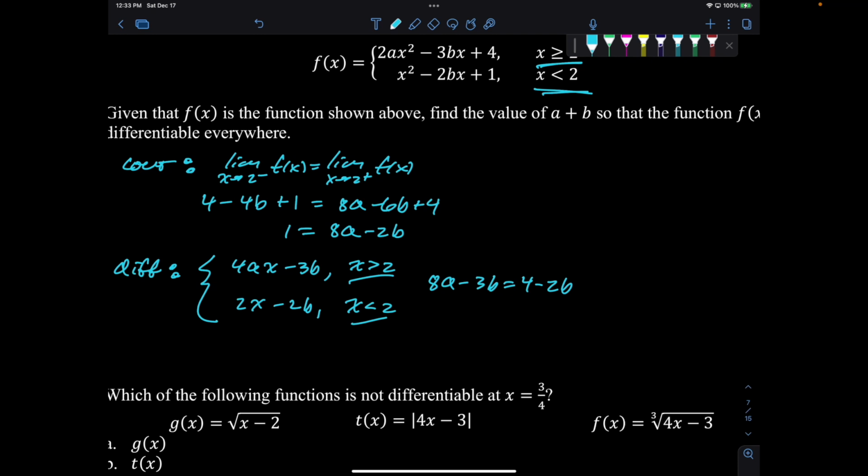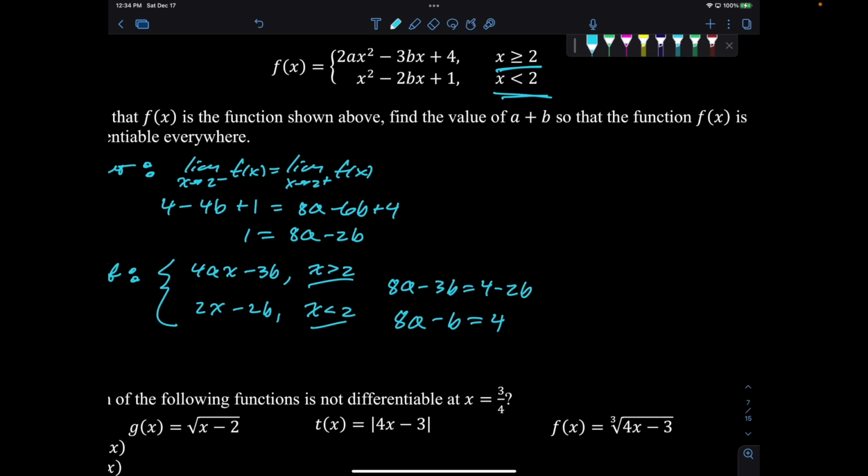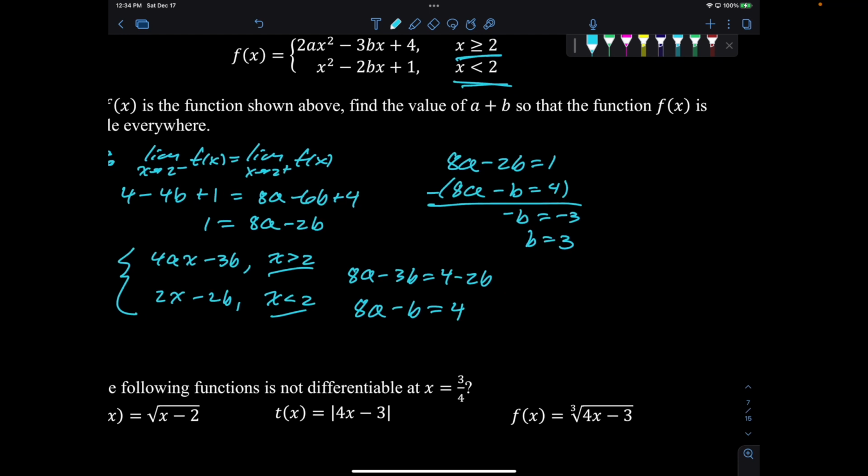I have to solve a system. 8a minus b is 4. Maybe this isn't the hardest system in the world, because we have 8a minus 2b is 1, and we have 8a minus b is 4. Let's subtract and find b. So we'll get negative b is negative 3. b is 3. And if b is 3, then 8a minus 3 is 4.